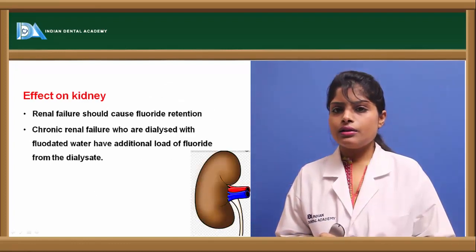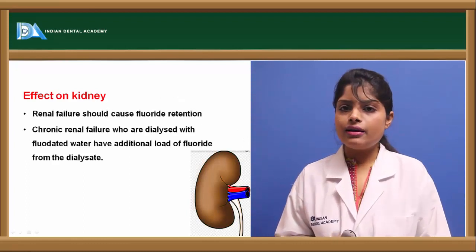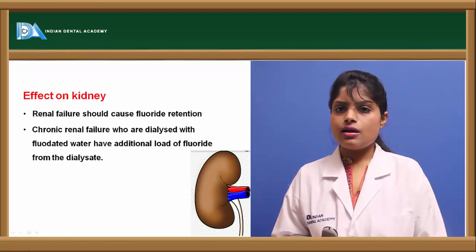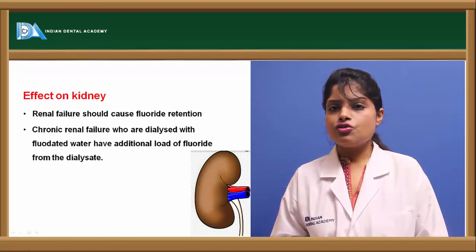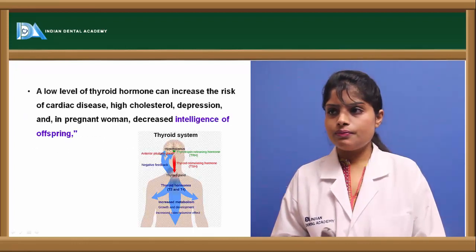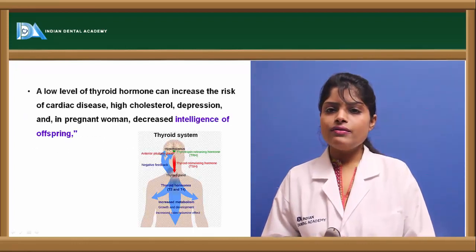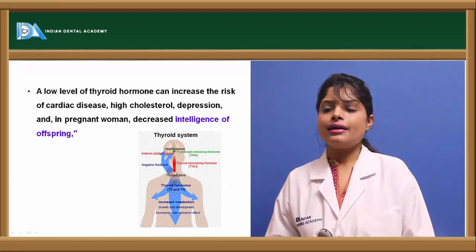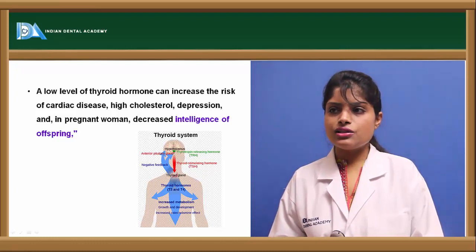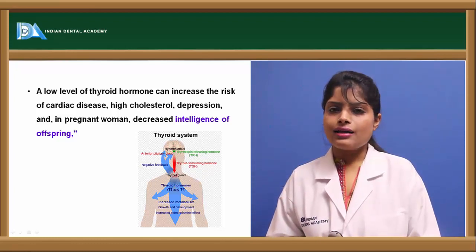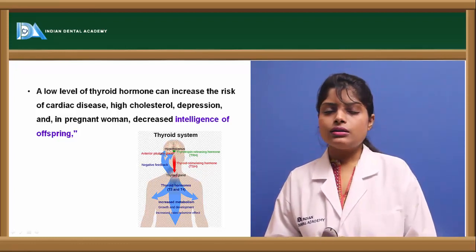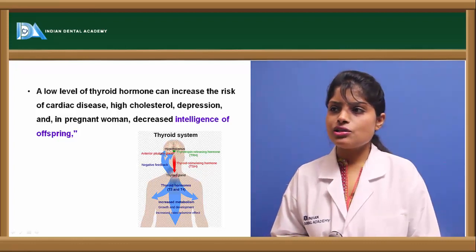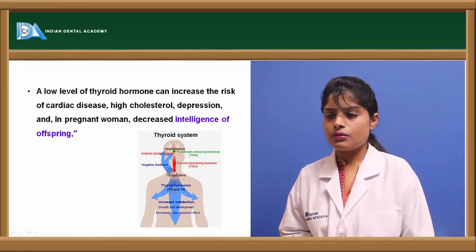There will also be renal failure in the case of kidneys, and it can be treated by dialysis. Even a low level of fluoride will lead to hypothyroidism, which can also cause cretinism or decrease of intelligence of the offspring, and even coma, high cholesterol level, depression and cardiac arrest.